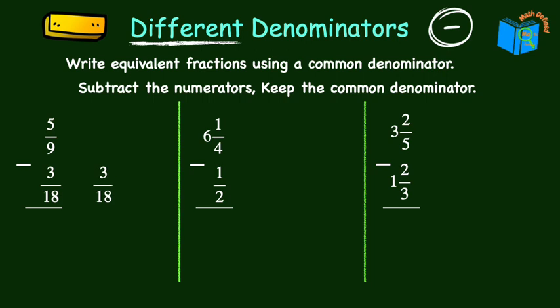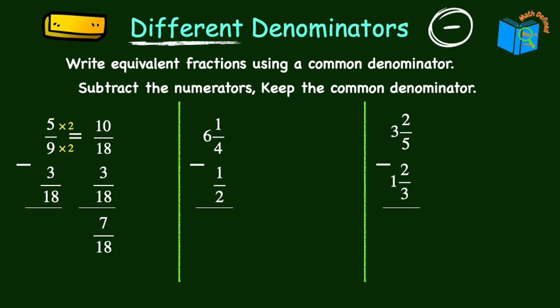So I'll bring over the 3/18 and I'll need to write an equivalent fraction for 5/9 with the common denominator of 18. 9 times 2 is 18, 5 times 2 is 10. Since our fractions now have a common denominator, we can subtract: 10/18 minus 3/18 is 7/18. And 7/18 can't be reduced because its numerator and denominator do not share any common factors.